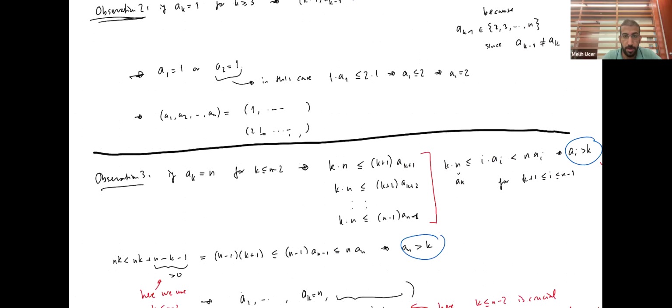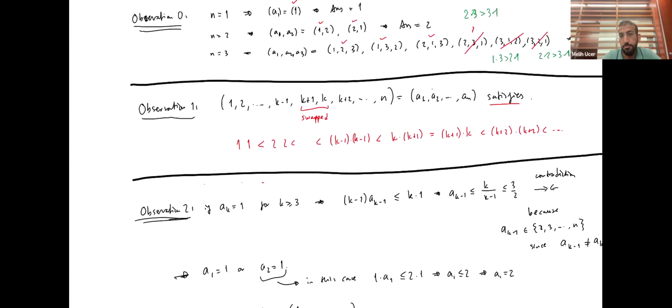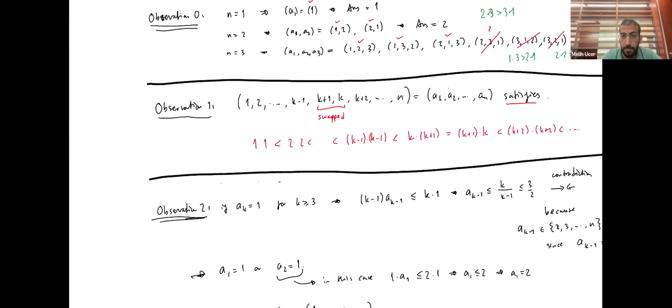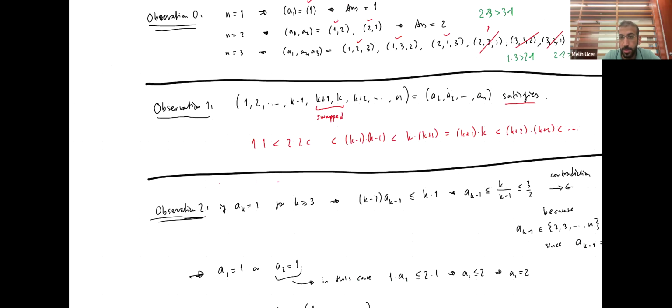This observation 1 above. Because when we swap them, we see this is what happens: k times k plus 1 and k plus 1 times k. If we swap another one, again the same thing will happen here, but they will not interfere with each other. These numbers are smaller than these numbers. In any case, it will be like that.